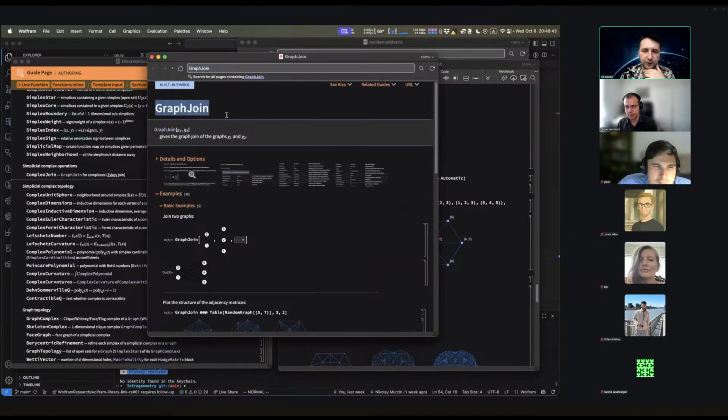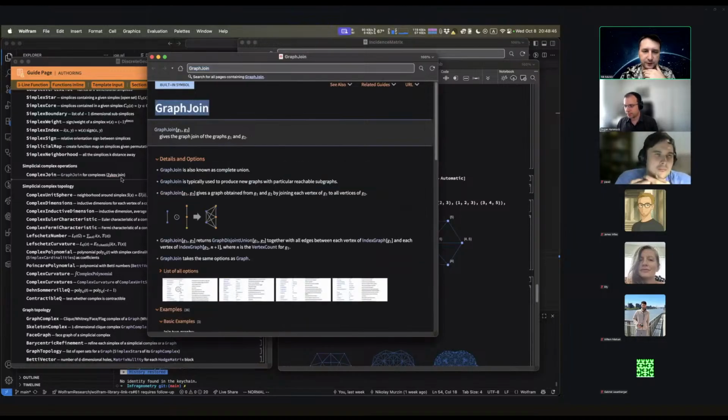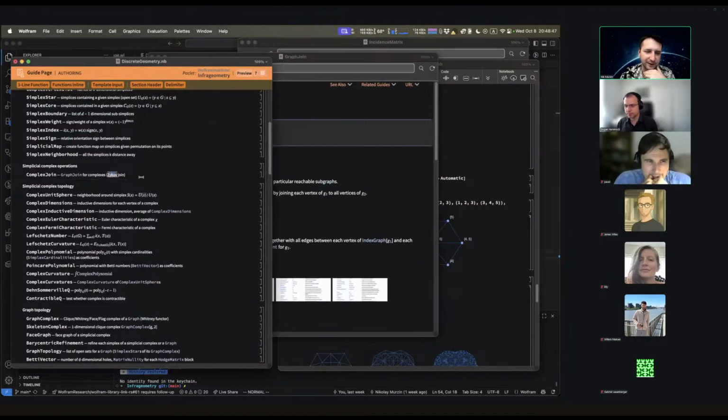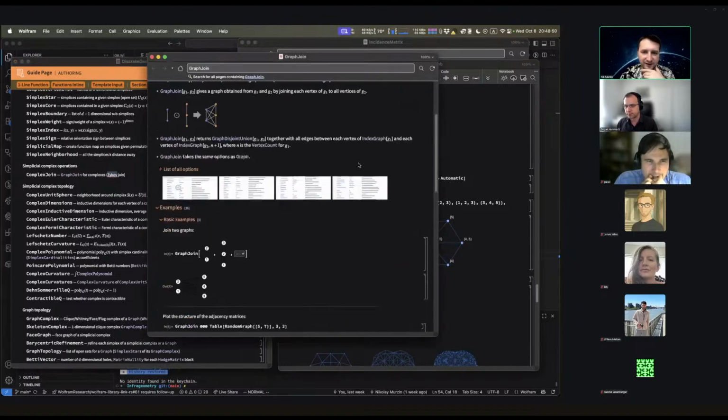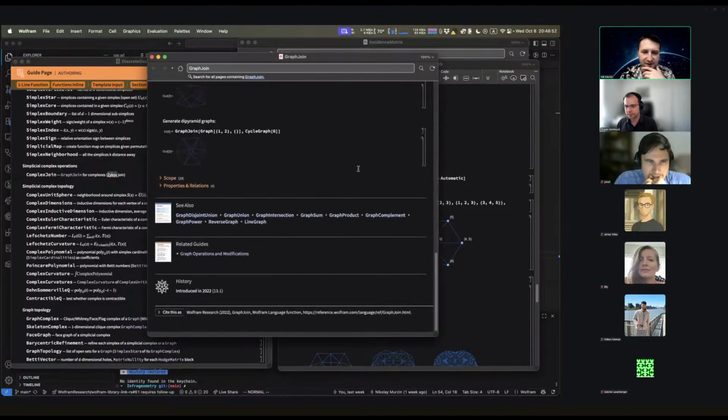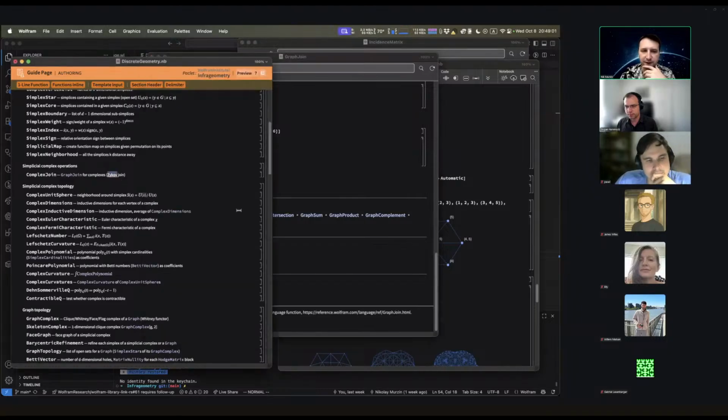So there's some notion of a graph join already built in, so we don't have to, even though for complexes it's sometimes called completely different. But yeah, we can just reproduce all the graph operations, but do them on top of lists like that.